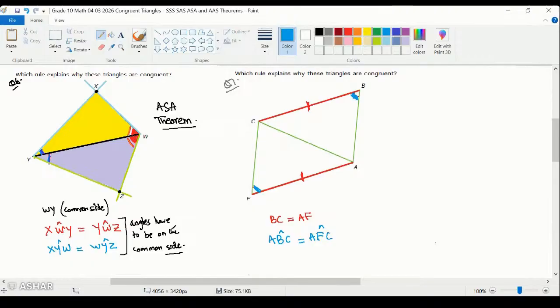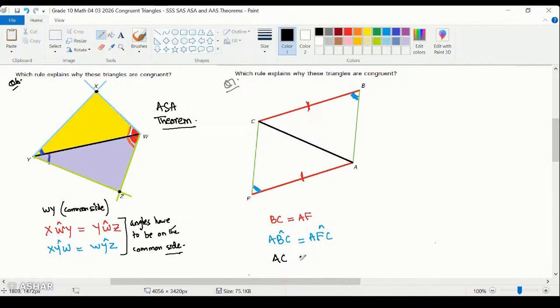Do we see any other common angle or common side? Yes, we do see a common side, right? That is AC. Agreed? That means AC is also given to us.